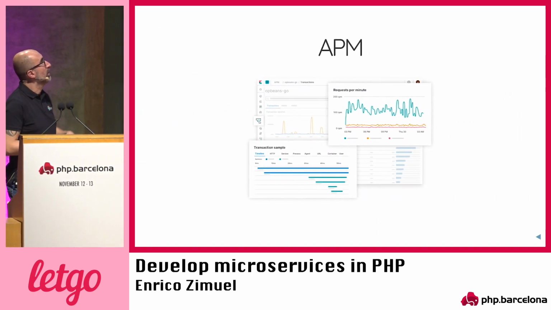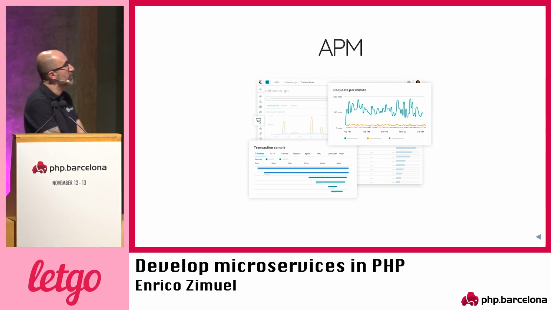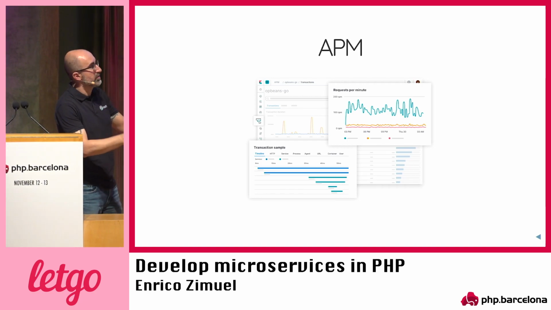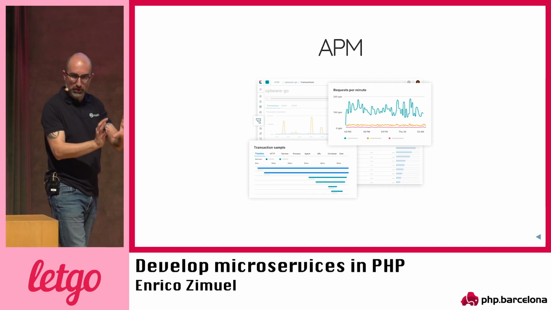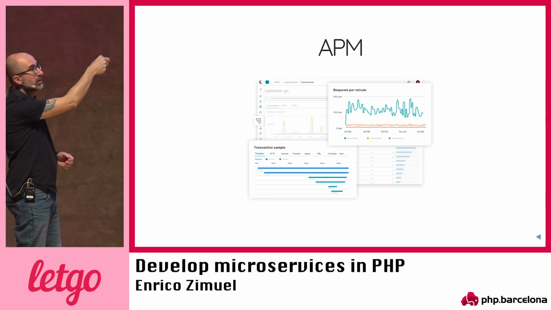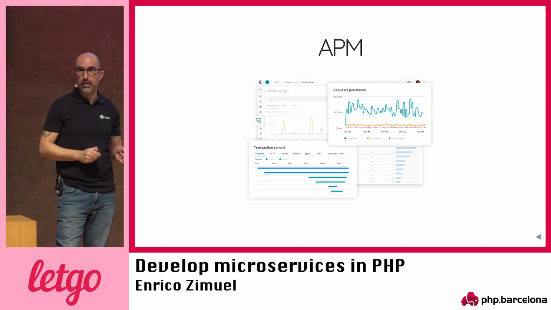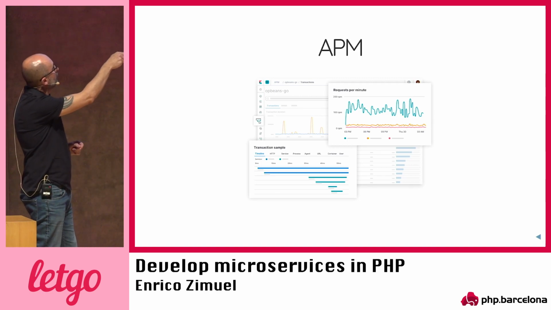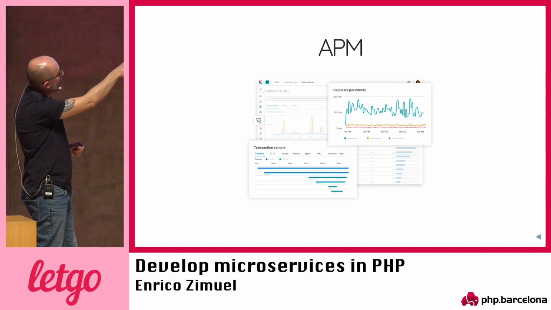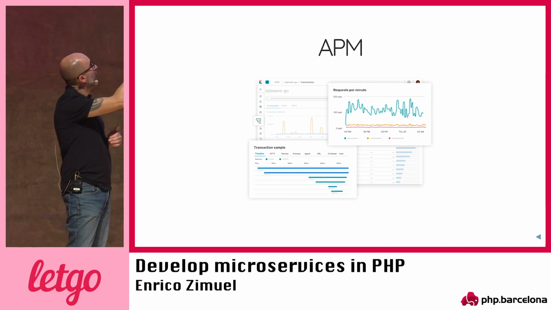This is just a representation of the APM. So basically, APM using Kibana is just a specific view of your code that you are ingesting. And as you can see, we have this transaction sample. This is very, very important for a microservices approach, because here is where the distributed tracing happens. As you can see here, we have 2 bars in blue and others in green. Actually, these green ones are other services that are called by the blue one.